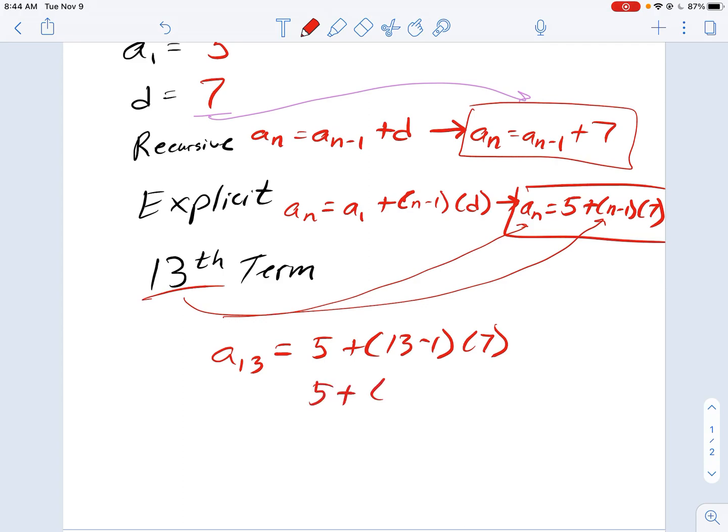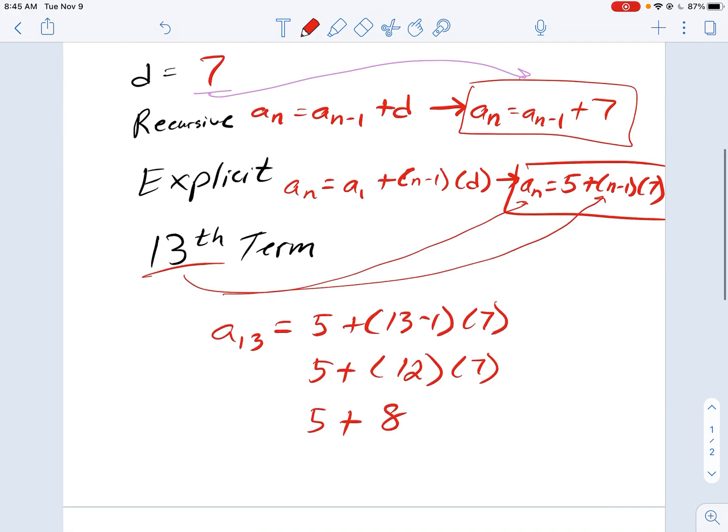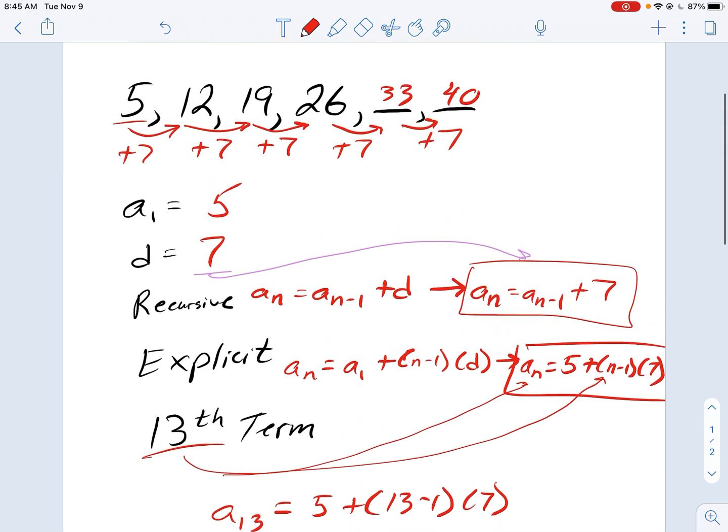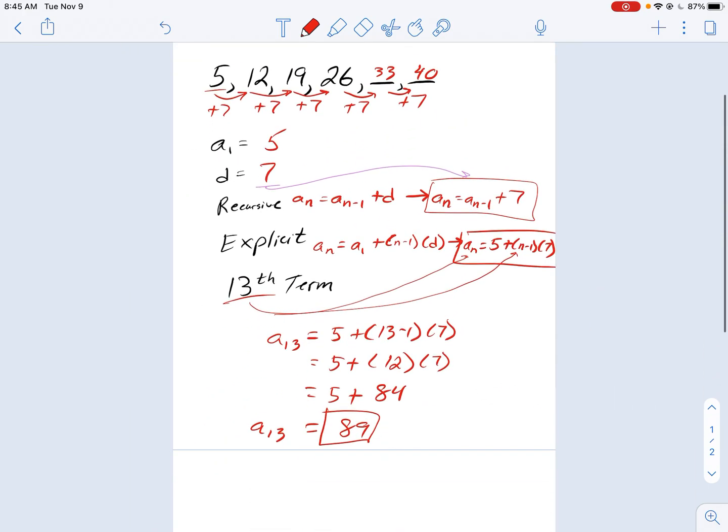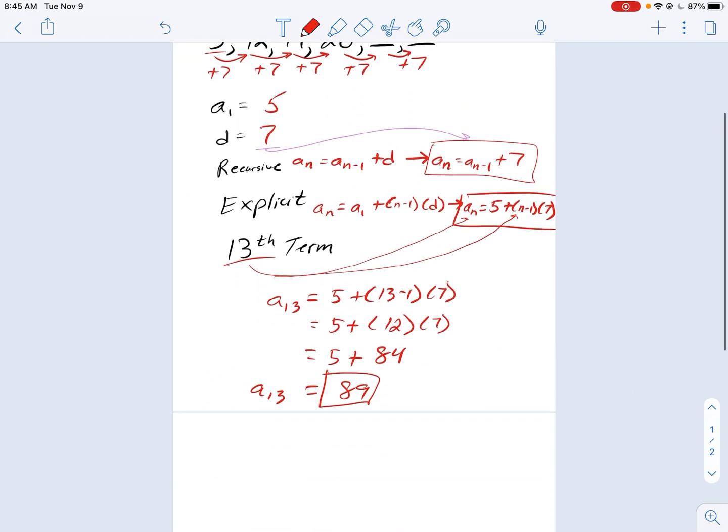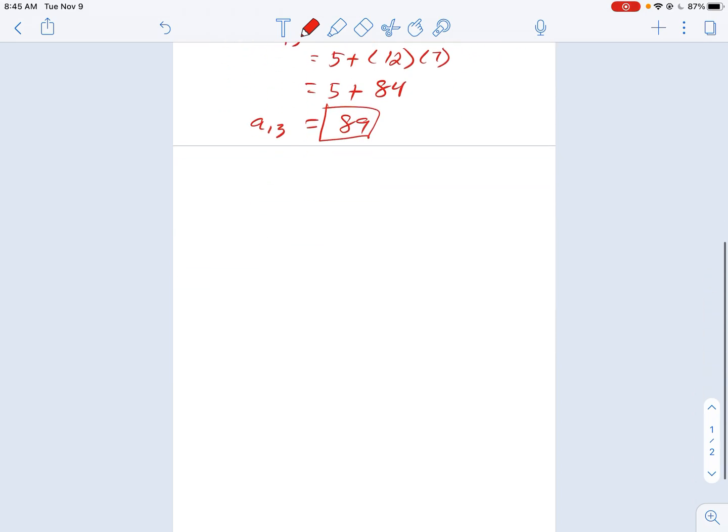So I end up with 5 plus 13 minus 1 is 12. Then I have to do 12 times 7, which is 84. And then I end up with 5 plus 84, which is 89, my 13th term, A sub 13. And that is how we complete one of the first 5 problems.